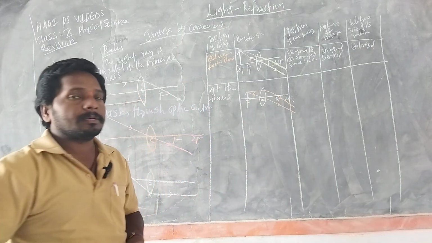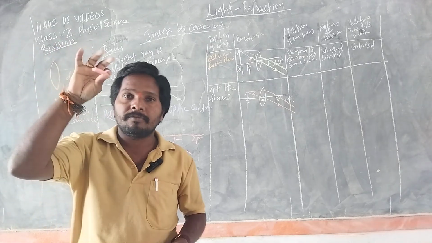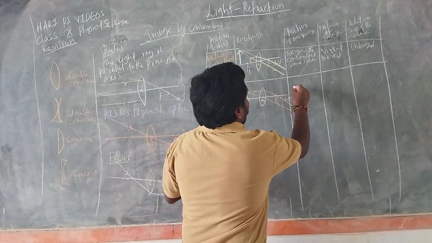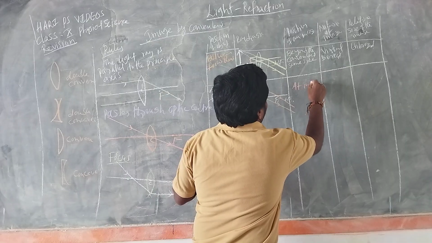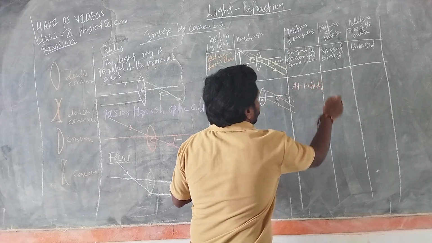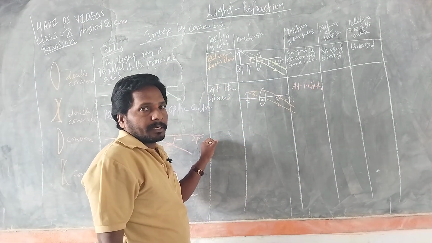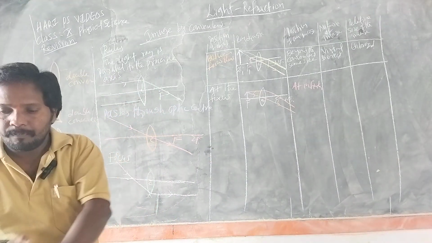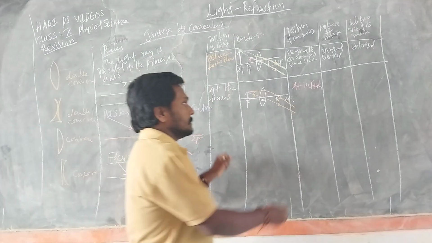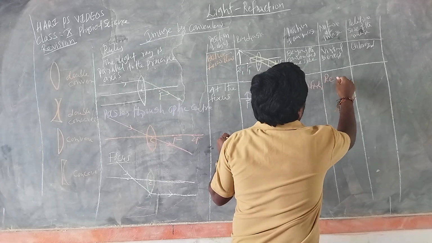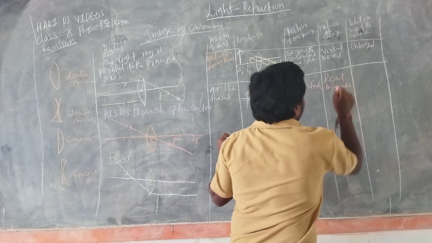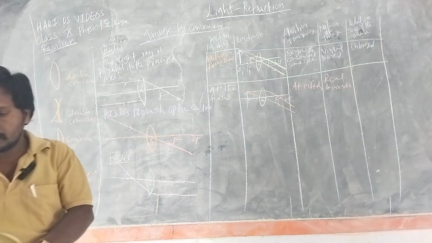Now, where is the image formed? At infinity, the image of the object is formed. What type of image? Real and inverted. Lenses mostly form real and inverted images.